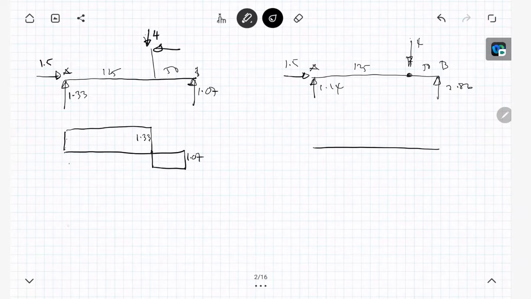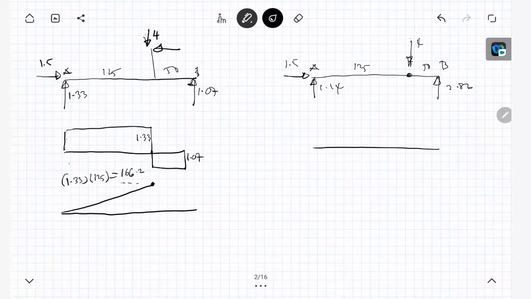Then moment diagram, bending moment. So 1.33 times 125. So you will get this value. It is 1.33 times 125, so you will get 166.2 Newton meter, this value.